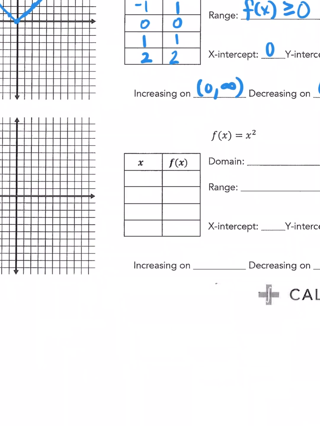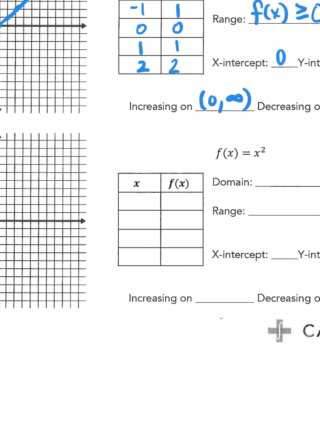All right, what's the next one? What type of function is it? F of x equals x squared? Quadratic. Again, let's start with -1, 0, 1, and 2. If I square -1, what do I get? 1. 0 is 0, 1 is 1, 2 is 4, isn't it?